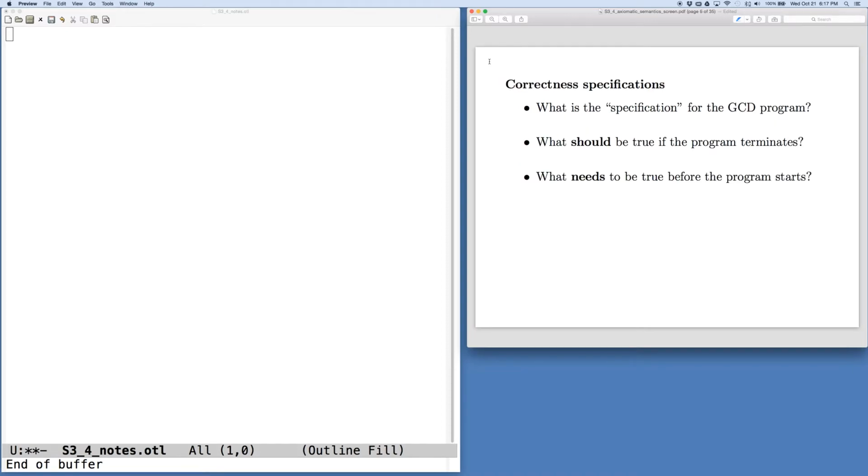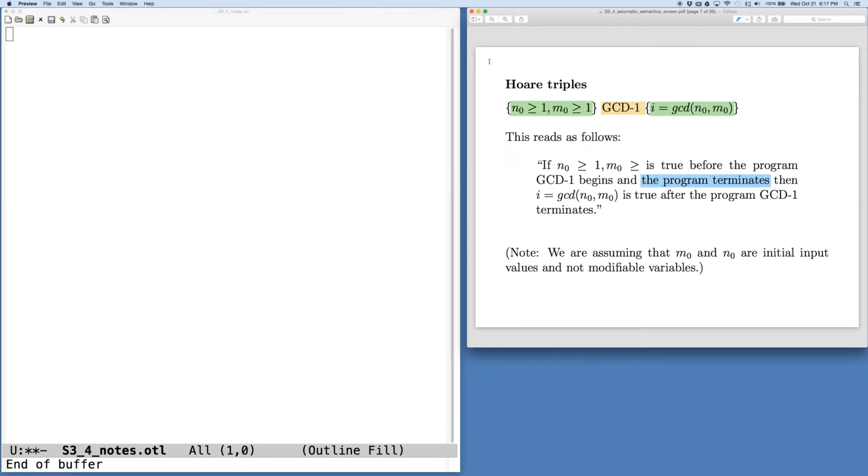All right, so for these correctness specifications, we're going to ask a couple of questions. That is, what needs to be true before the program starts, and what should be true after the program terminates. So in the case of this GCD program, there is a precondition, n0 greater than 1, m0 greater than 1.